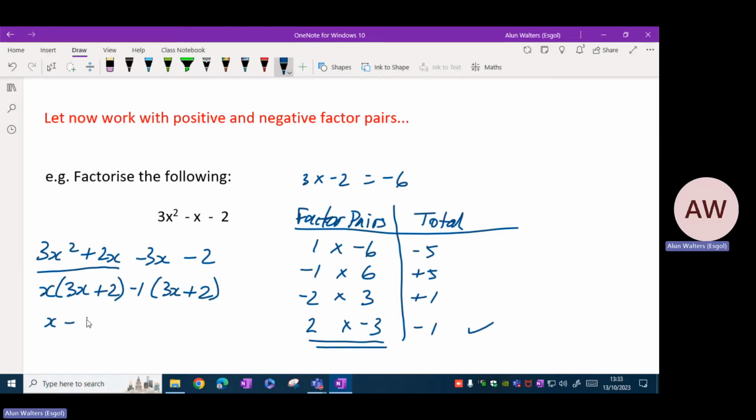These two terms outside the brackets form that, and then the two brackets should be equal. I have factorized that expression, okay? So it gets a lot harder when you've got negative values to deal with. Okay, so if you want to play that again, do so.